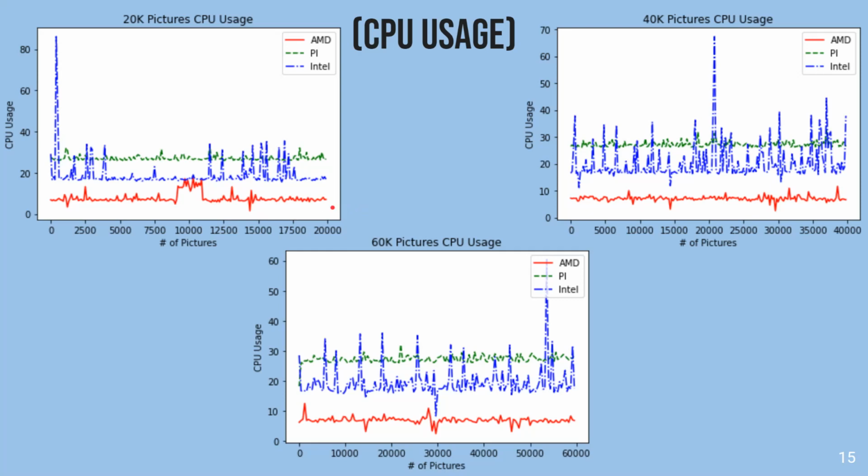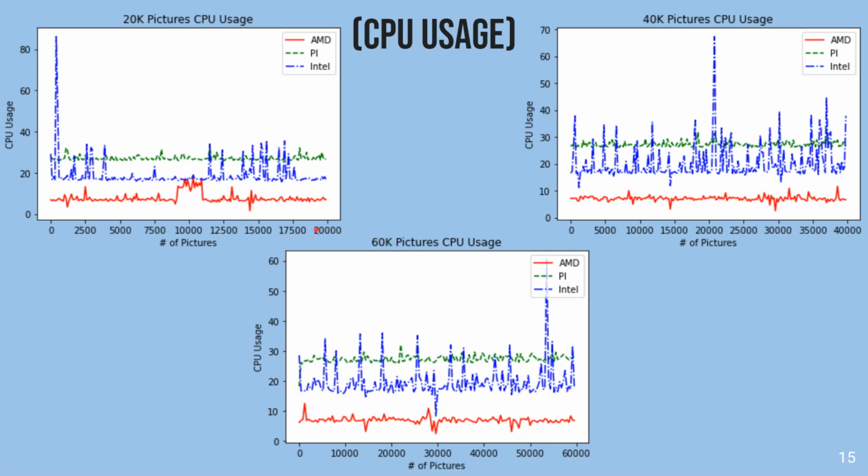We believe that this order is due to the amount of cores that these systems have. The AMD has 8 cores, the Intel has 6, and the Raspberry Pi has 4. So it goes in order of how many cores these have, because having more cores allows more instructions or more processes to be run at the same time.